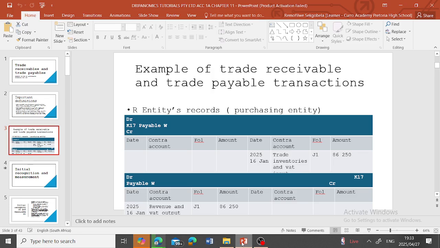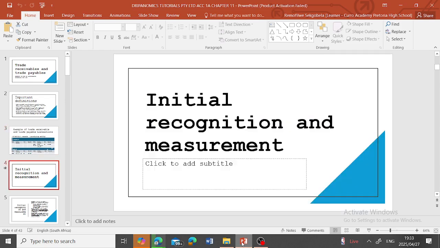Because they see you as a receivable, and a receivable is debited. I hope you guys can understand. So for the purchasing entity, they're going to have credit payable W, but for the selling entity, they're going to have revenue credited, because they have a receivable increase because they sold goods on credit.